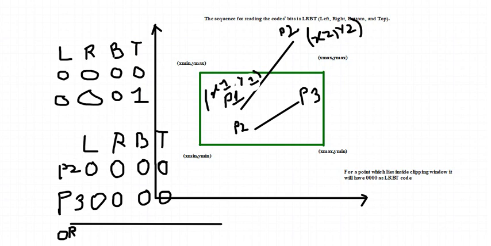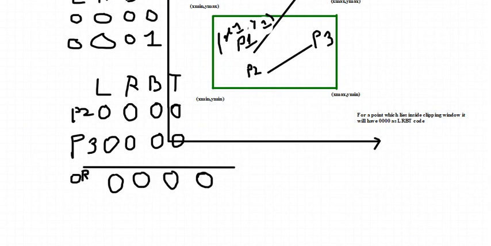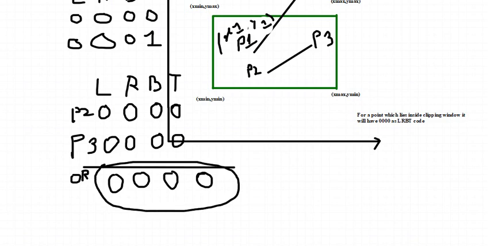If you perform the logical OR of the LRBT codes for points P2 and P3, which are essentially inside, the result will be all zeros. So using this result, you can conclude that the line is totally inside the clipping window, and this can be trivially accepted.